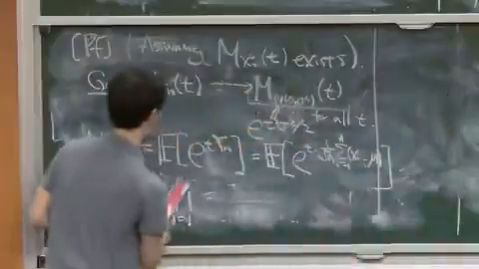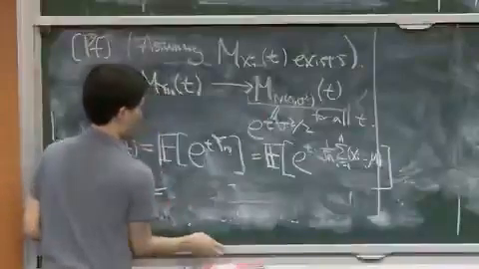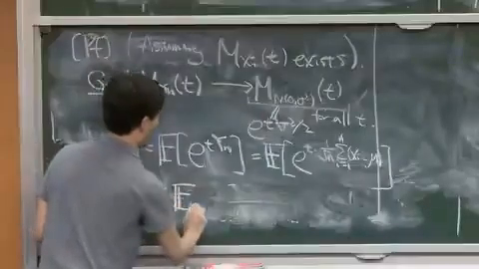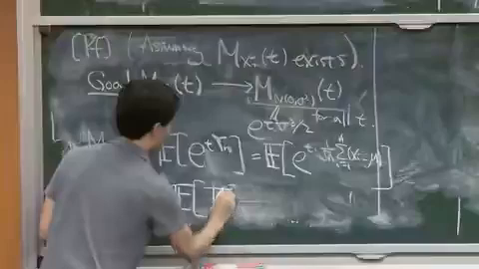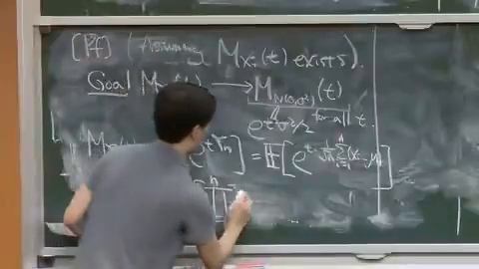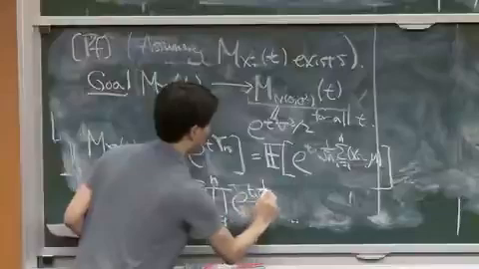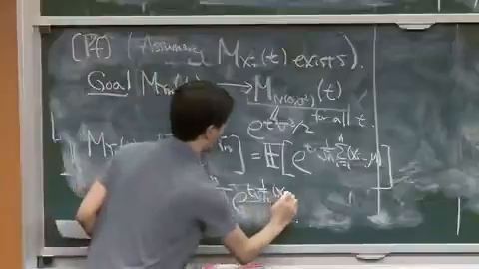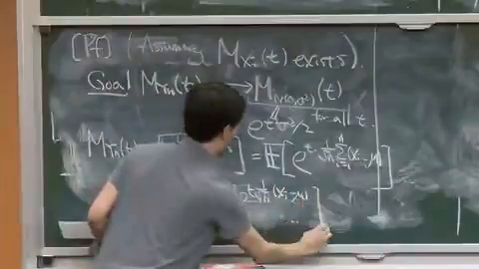The sum becomes a product of e to the t over square root n (Xi minus mu).